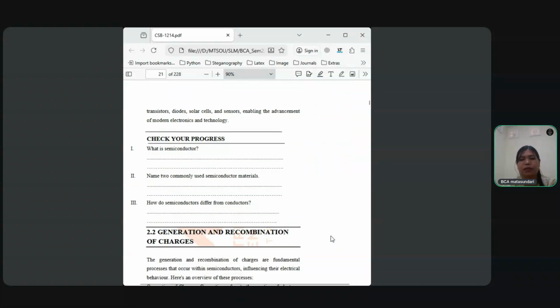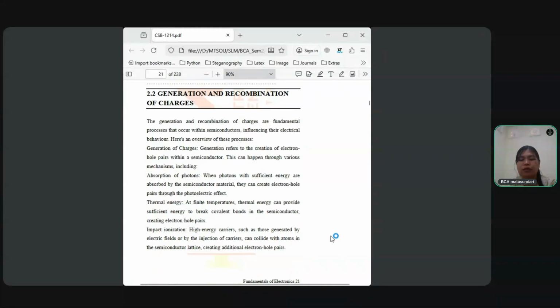Okay. Moving to our next topic, this section covers generation and recombination of charges. Starting with generation of charges.